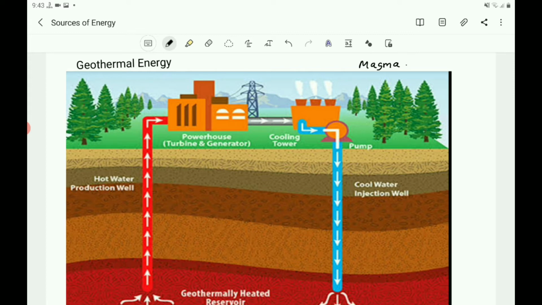Due to some geological changes inside the earth, this magma is pushed upward and is trapped at some depth below the surface of the earth.